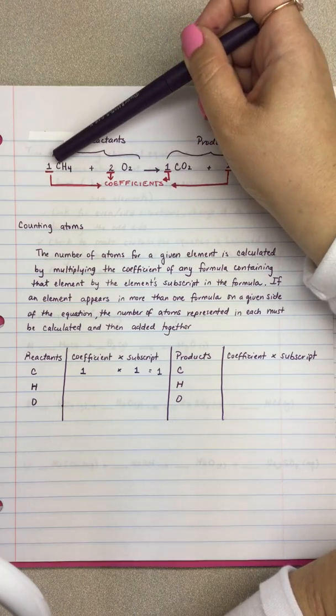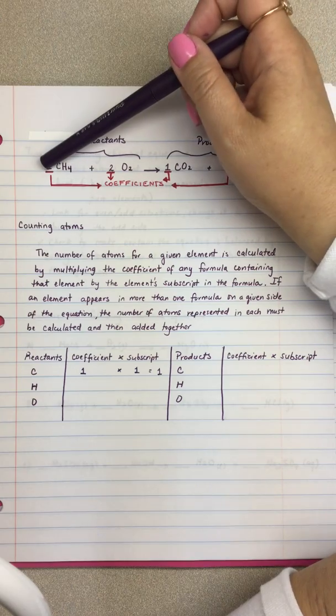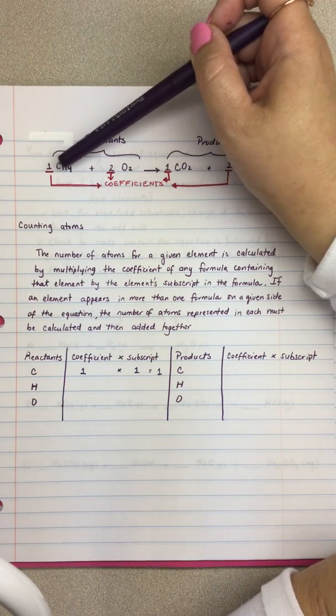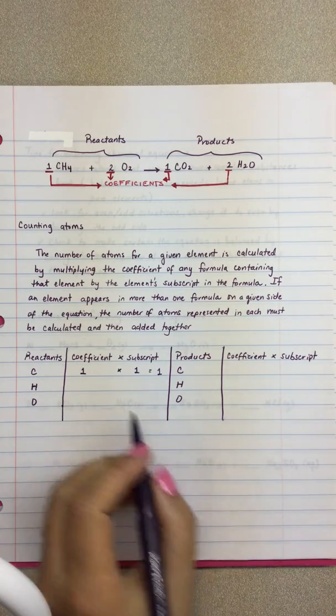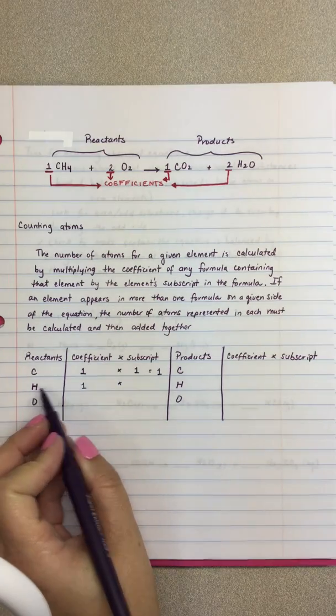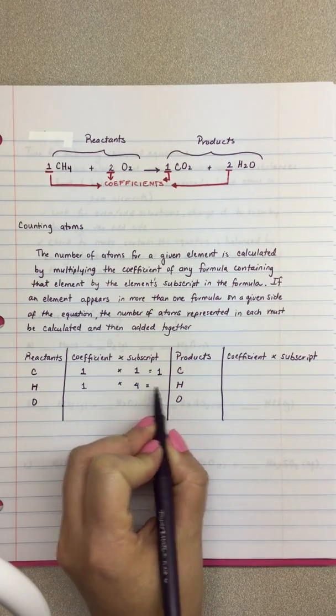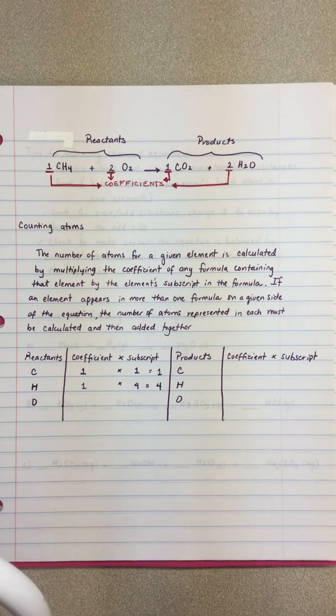Now the coefficient changes everything that you have after it, so that coefficient changes the carbon and also the hydrogen. The coefficient is still 1, but now your subscript is 4 for hydrogen. So 1 times 4 gives you 4 hydrogens.